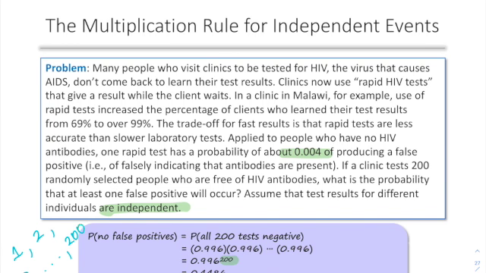So you'd have 200 probabilities to calculate. Or if we look at the complement, saying that there are no false positives, that's easier to calculate. Then just subtract it from 1. So the probability that at least one test comes back as a false positive is 0.5514.